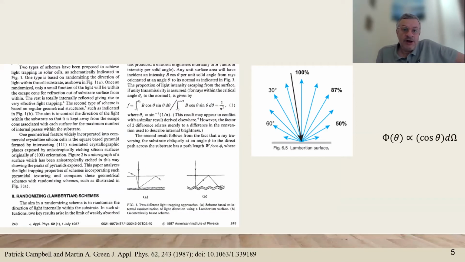The standard way of randomizing is to use a Lambertian surface. This can be done in different ways, but in the end, the Lambertian surface totally randomizes the light by an emission pattern that is proportional to the cosine of the angle with respect to the vertical.